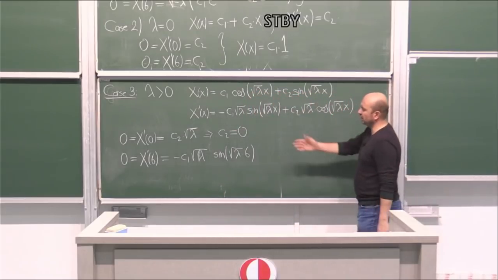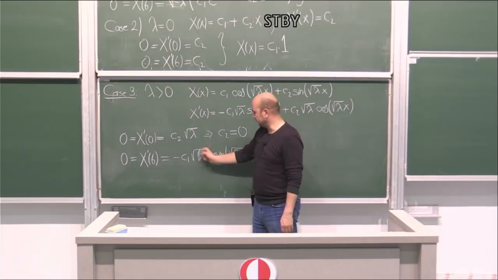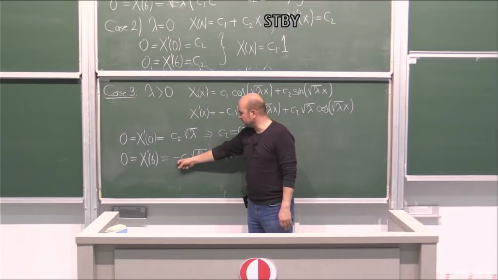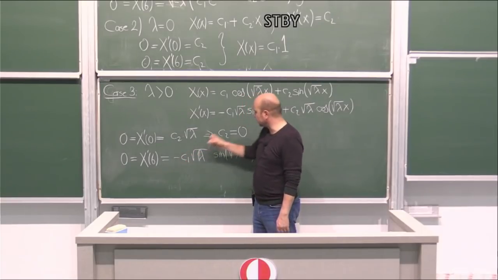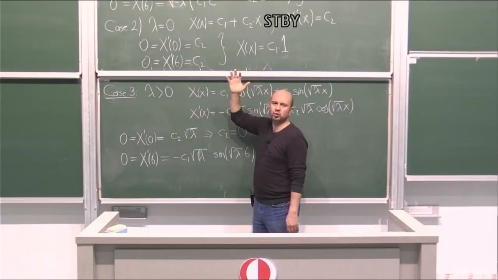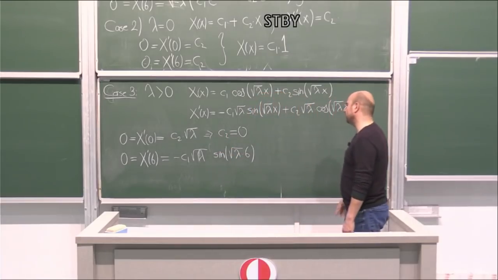So again, when can we have a 0 here for this value? Either this is not 0, it's positive. So either c1 is 0, but if c1 is 0, since c2 were 0, altogether we get x equals 0, the trivial solution. But now, there's only one possible thing here.